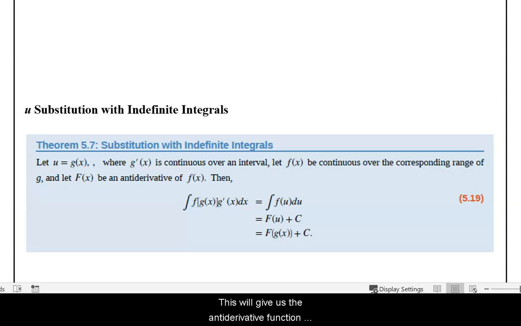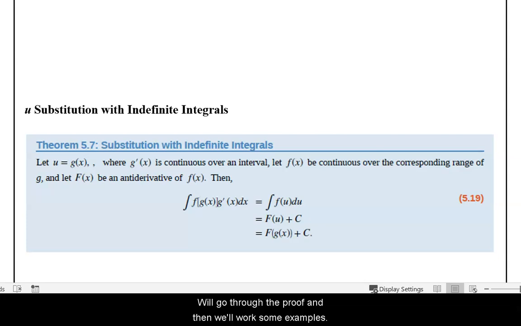This will give us the antiderivative function, uppercase letter F of u, which is, of course, F of g of x, plus some unknown constant. Now let's prove this, since you probably have no idea what this means yet.